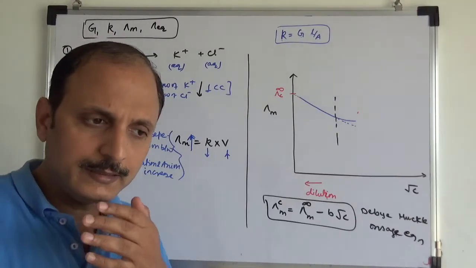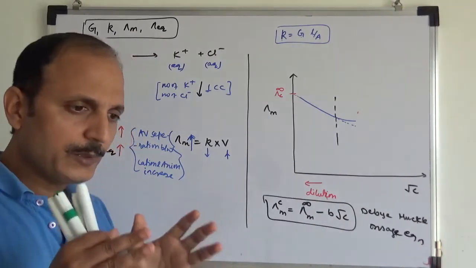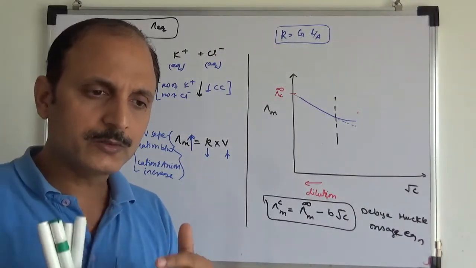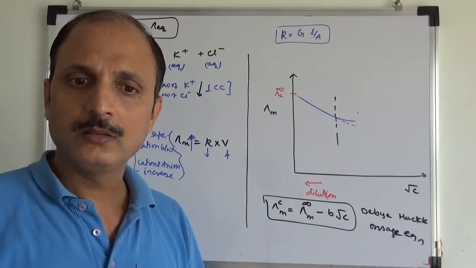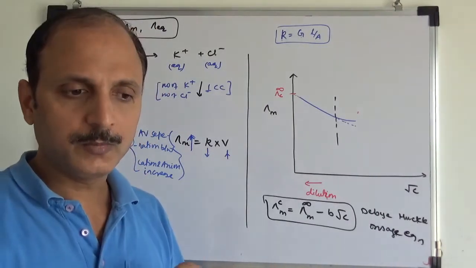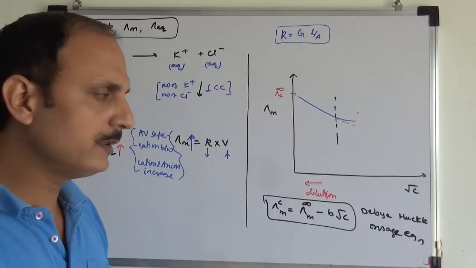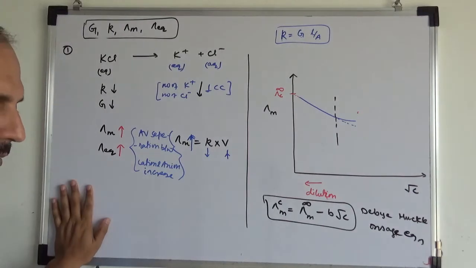So if the separation between cation and anion is larger, the electrostatic attraction between them decreases, so they can flow easily. That's why by dilution, by decreasing the concentration, the molar conductance increases, as well as the equivalent conductance also increases.